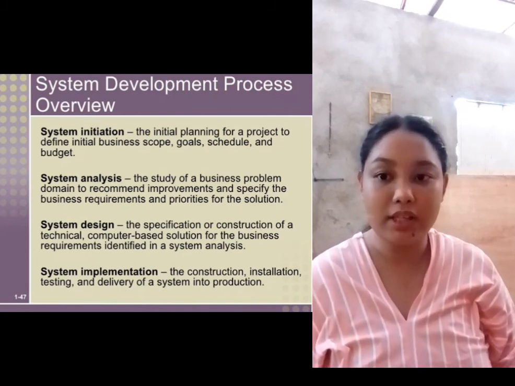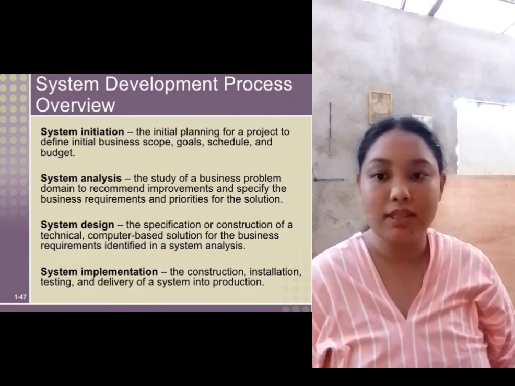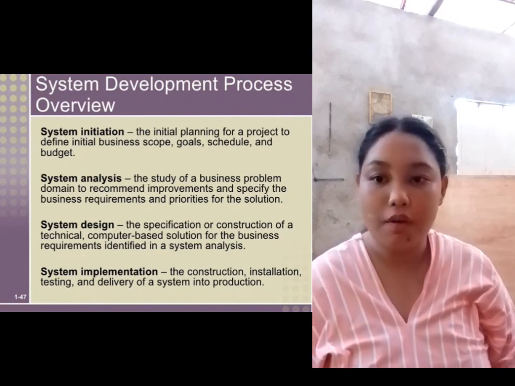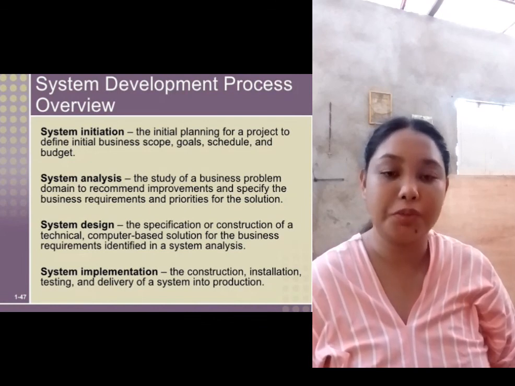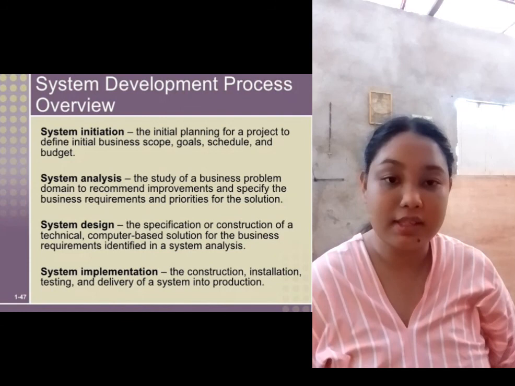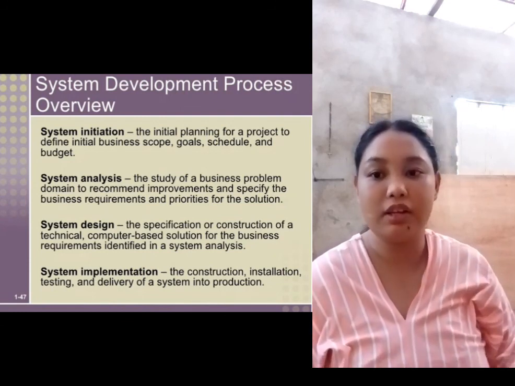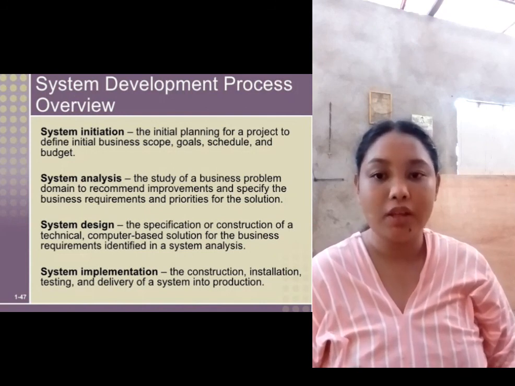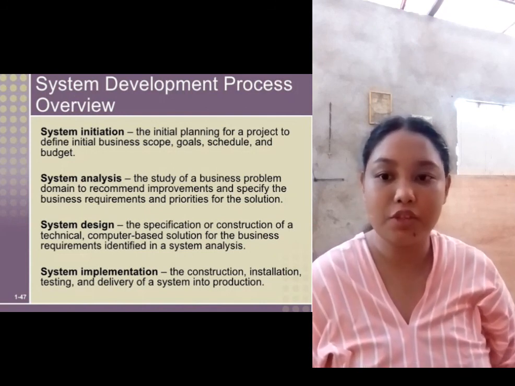The third one is system design: the specification or construction of a technical computer-based solution for the business requirements identified in system analysis. And the last one is system implementation: the construction, installation, testing, and delivery of a system into production.